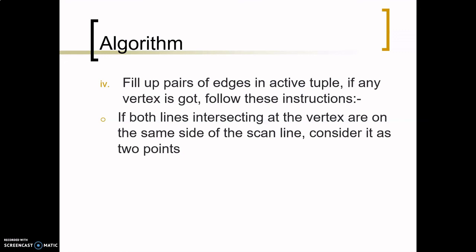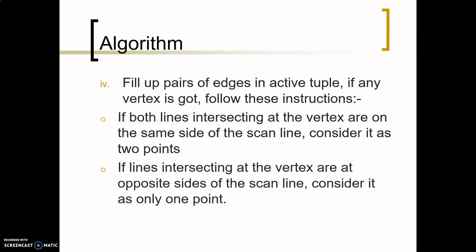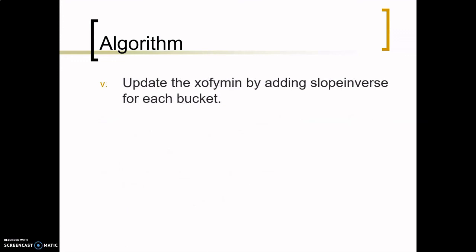If the lines intersecting at the vertex are on opposite sides of the scan line, consider it as only 1 point. Then update x of y min, that is the lowest x coordinate value, by adding the slope inverse for each bucket. Slope inverse means the inverse of the edge slope.